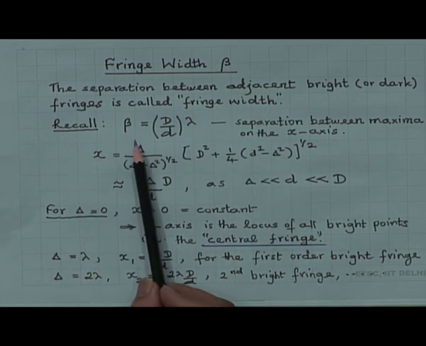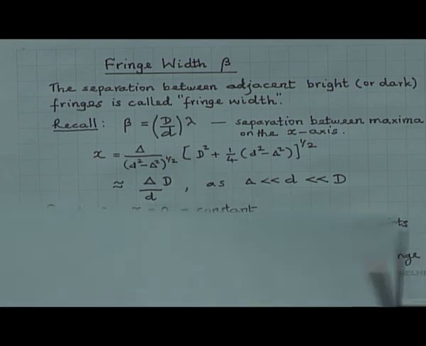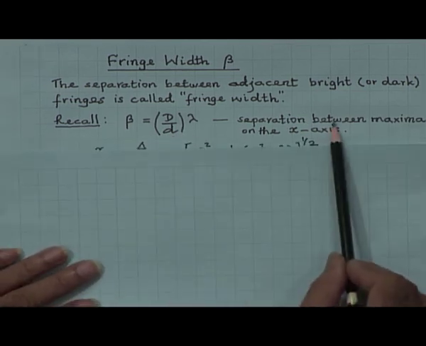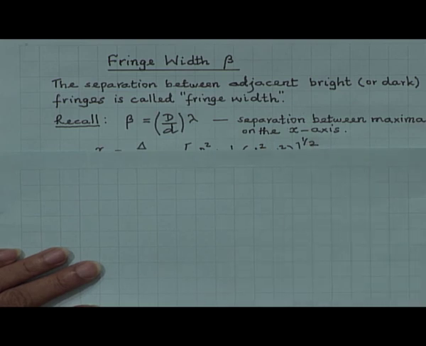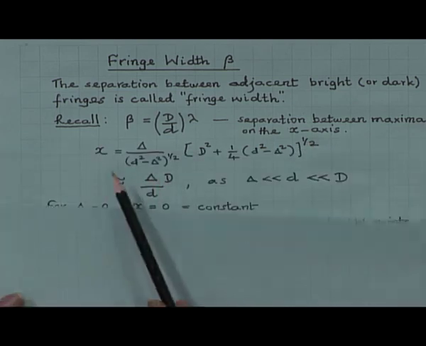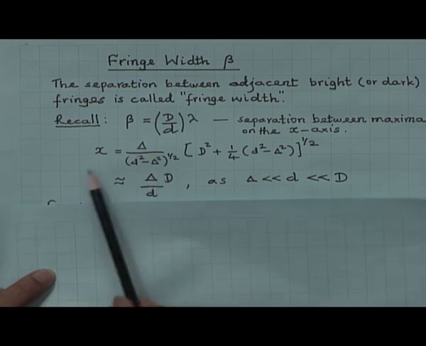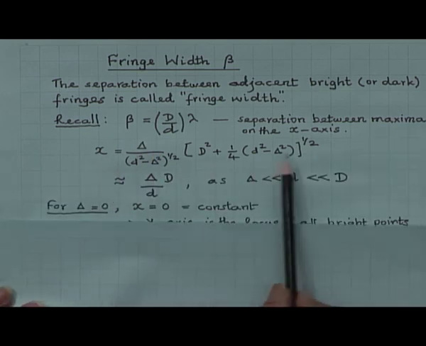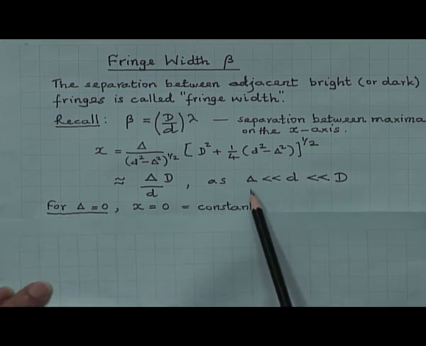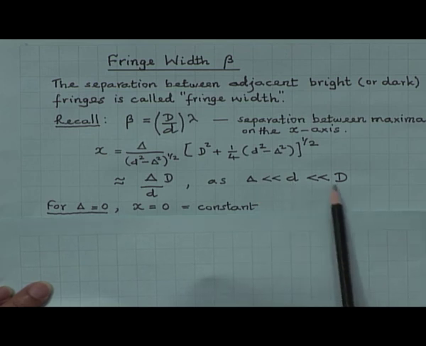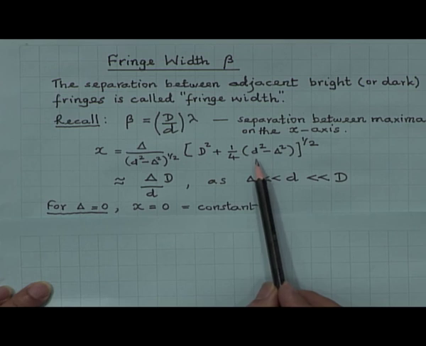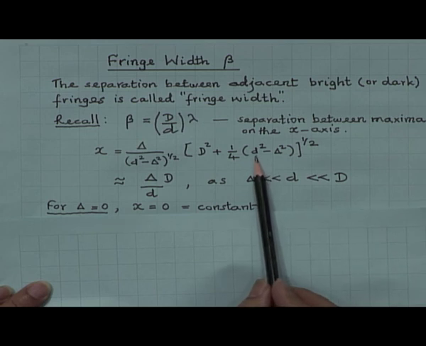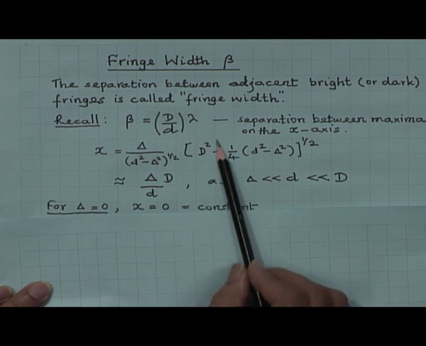Recall that beta is equal to D by d into lambda. This was the separation between maxima on the x axis. Just now we have derived the expression for x, but I have explained that the path difference delta is much smaller than D, and therefore this delta term can be neglected with respect to D. The d squared here is negligible compared to the D squared here.